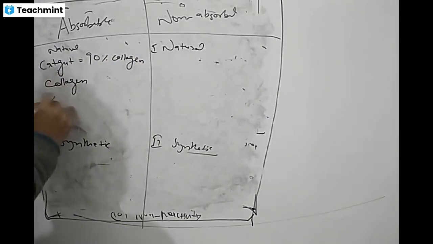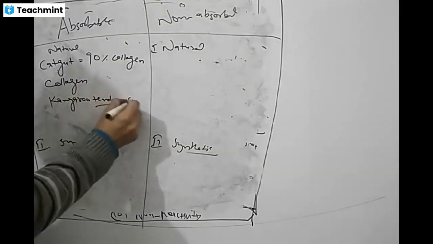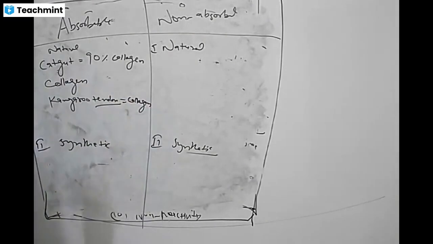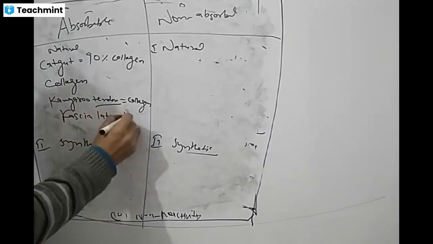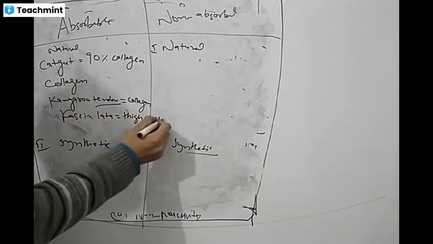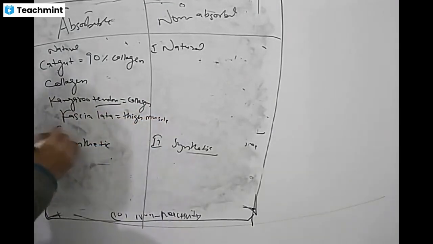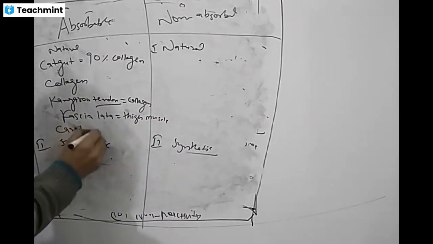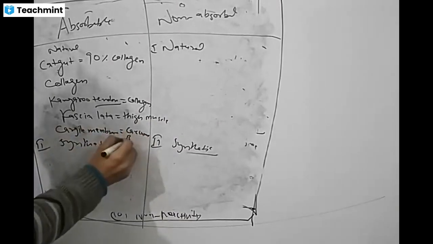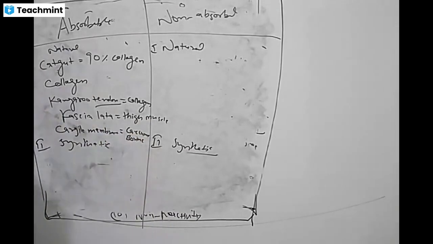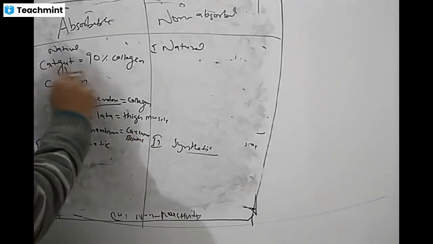Third is kangaroo tendon. This is also collagen. So the first three are nothing but collagen, and the fourth one is fascia lata, which is the fascia of the thigh muscles of bovine, and last is your Cargile membrane, which is derived from the cecum of bovine. So these are the natural ones. Out of these, catgut is most commonly used.